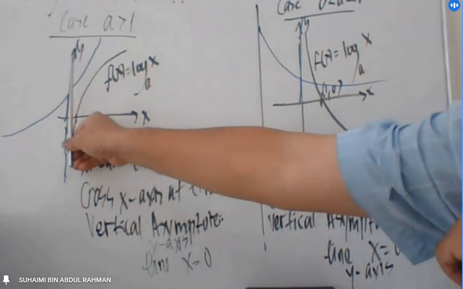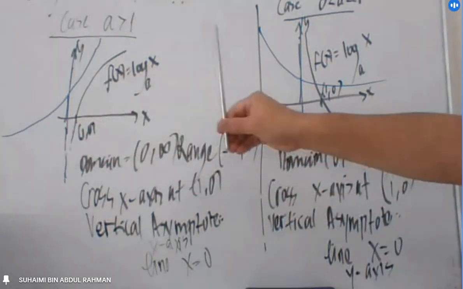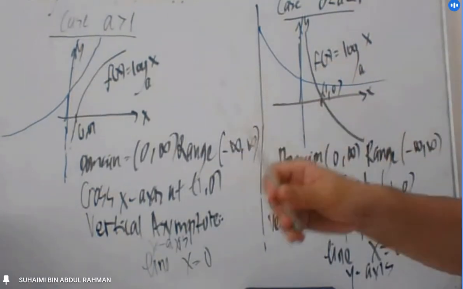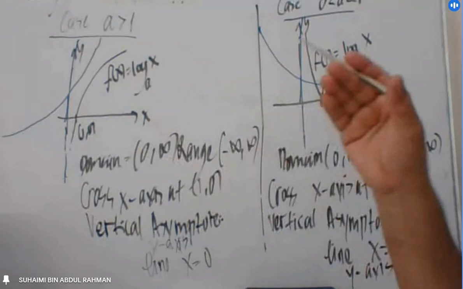When we shift to the left, the asymptote goes left; when we shift to the right, the asymptote goes right. So the main consequence of horizontal shifting is the asymptote.